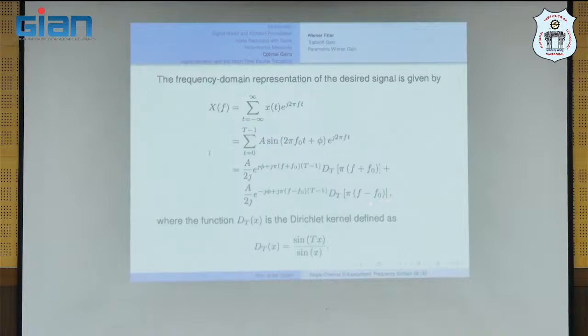This is exactly the Dirichlet kernel, sin(Tx) divided by sin(x), which is similar to the sinc, but it's not a sinc. It's a periodic sinc. So this is the Dirichlet kernel convolved with the impulse. This is the Fourier transform of the desired signal.